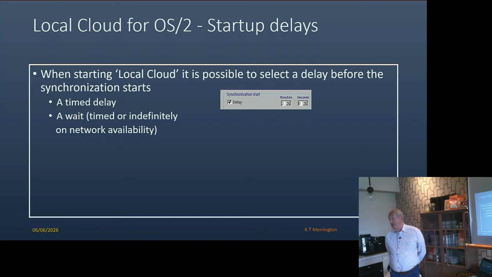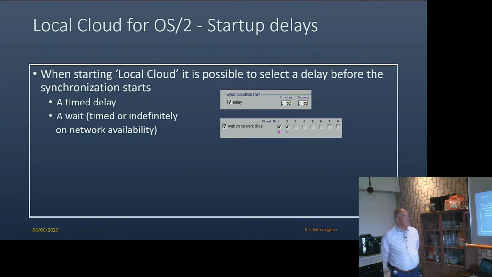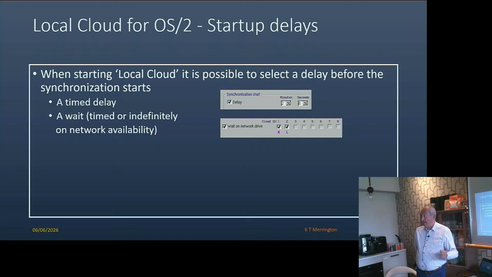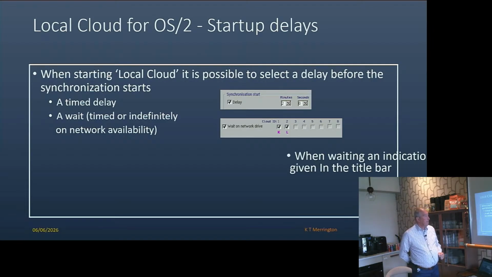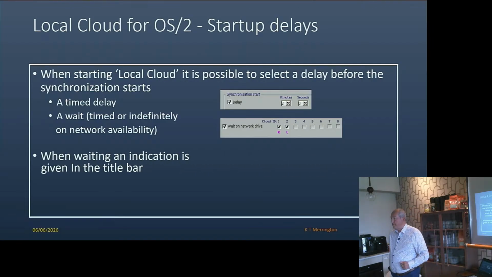It will also give you an error when it tries to synchronize and it's not there. So basically, it will show you what drives are available, and you select the wait time for that drive. I've tried to make it foolproof, but as we all know, foolproof is never foolproof.